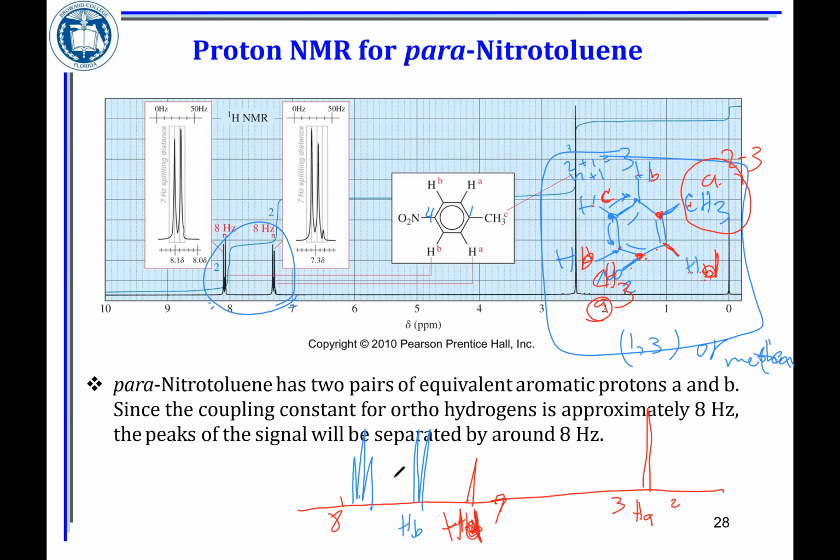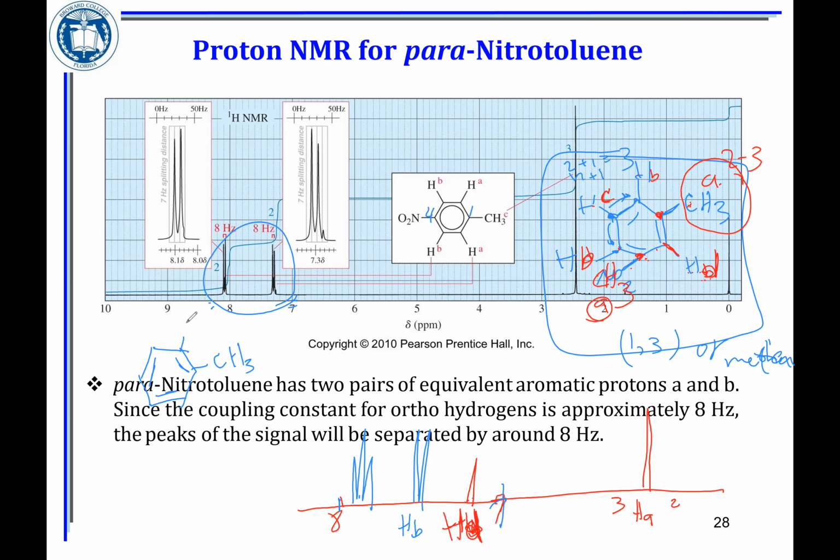The splitting pattern between 7 and 8 is going to be different if it's meta or para. If it's ortho di-substituted, it's going to be, again, different from these two. So with the NMR, you can easily say if you have an ortho, meta, or para di-substituted.